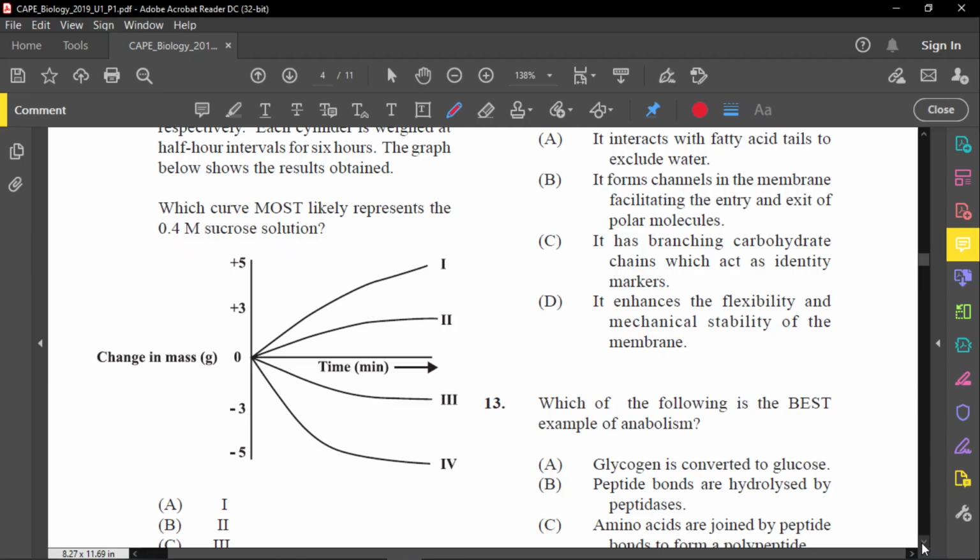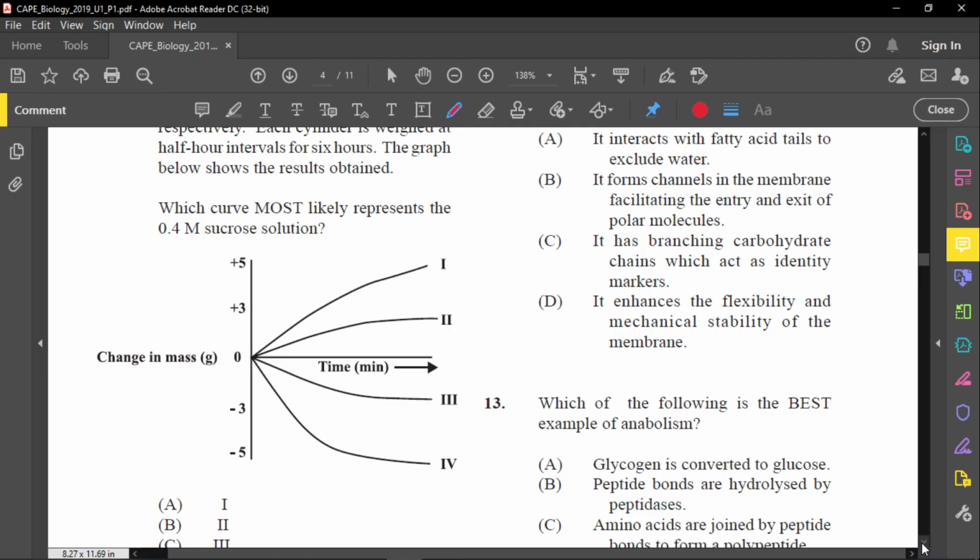The lower the sugar concentration, meaning less sugar in the water, means that it gains more mass. So distilled water will move into the potato cell because it will be a hypotonic solution and cause the cell to become turgid. More sugar added means the cell will lose water and the cell will become flaccid or plasmolyzed depending on the concentration of the sugar.